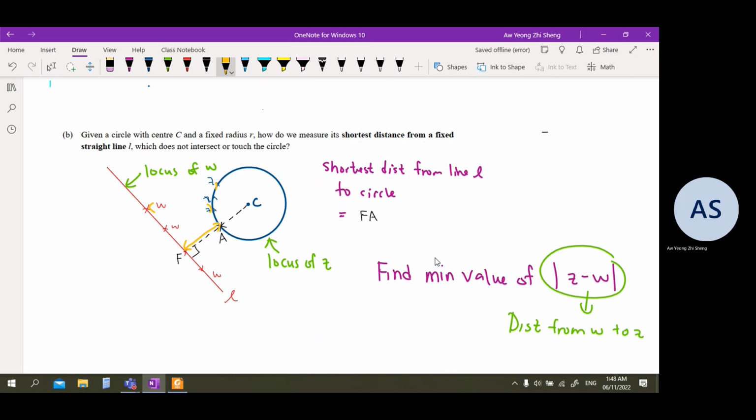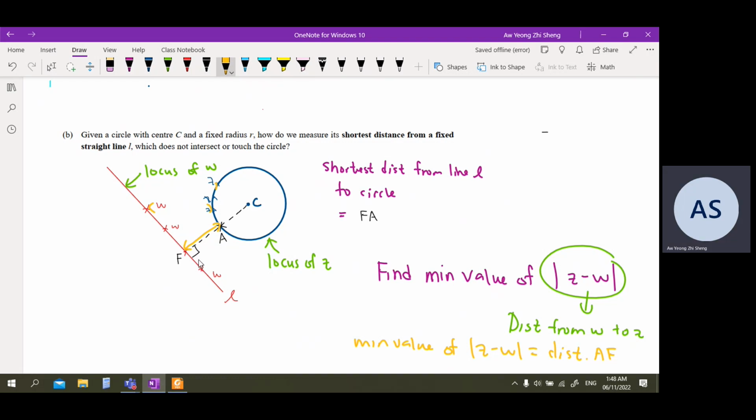So the shortest possible distance from W to Z will be the distance AF. In this case, the minimum value of modulus Z minus W will be the distance AF.